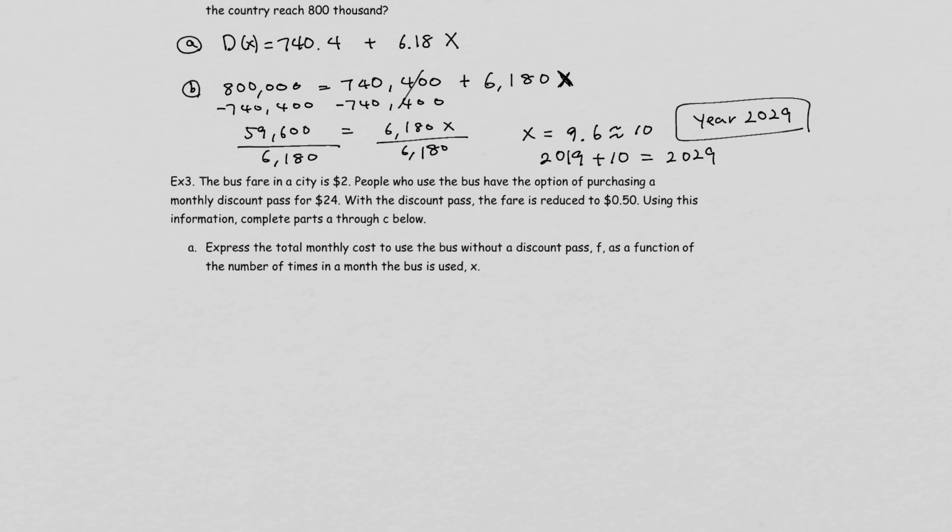If we want to build the equation for the first case, the first case is going to be $2 each. So it will be 2 times how many times you're going to ride the bus. So that will be the equation.